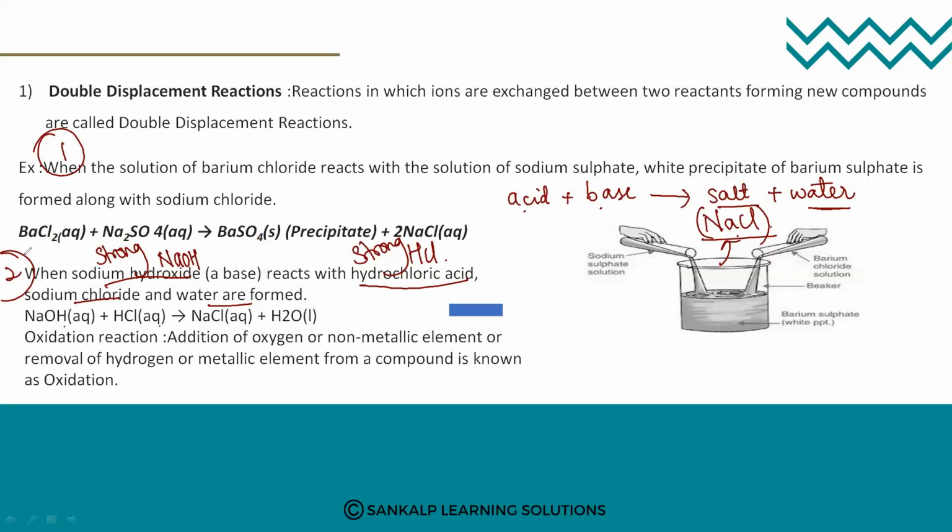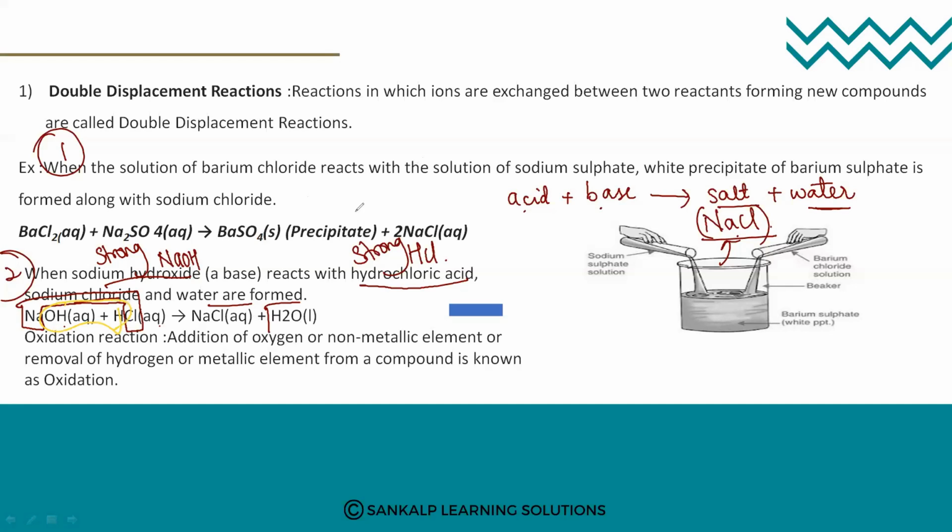So in double displacement reaction, here also you can see both the ions are getting displaced. Na is combining with Cl, so NaCl forms, and H2O.